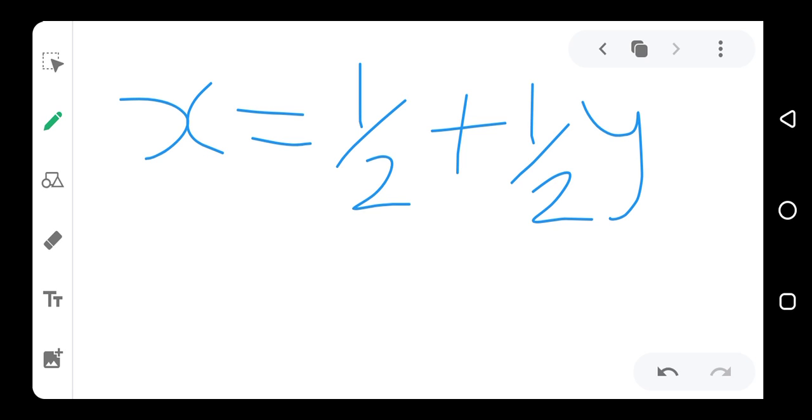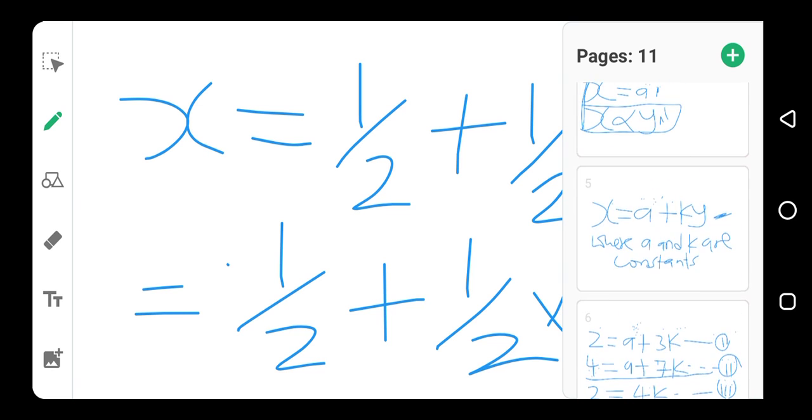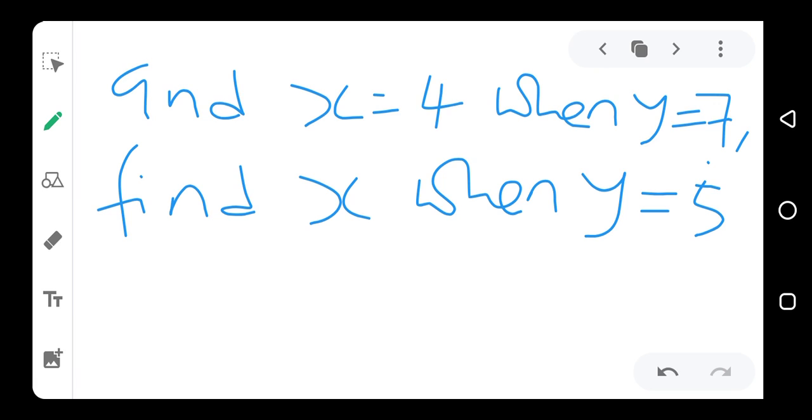This is equal to half plus 1 over 2. Then they say that our y here is 5, that we should find x when y is equal to 5.